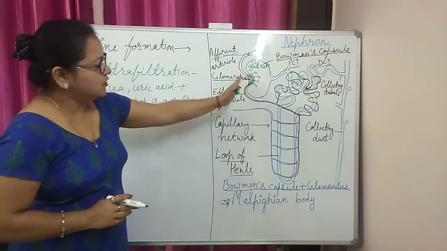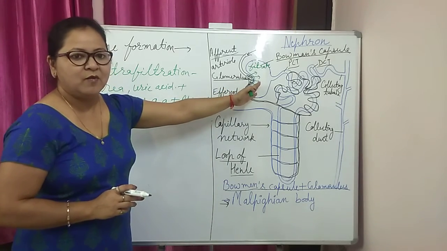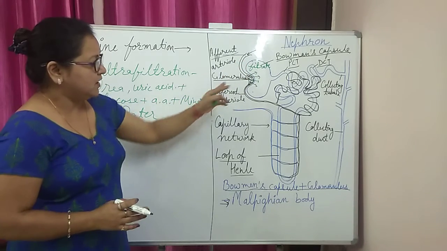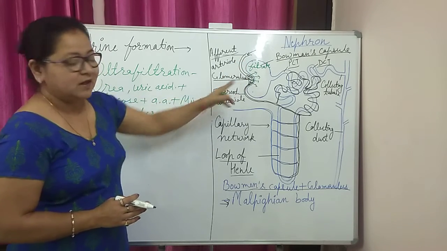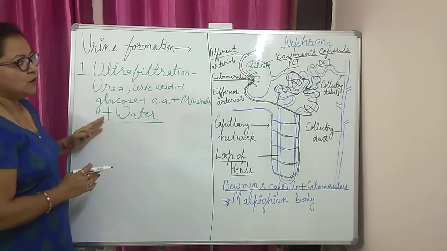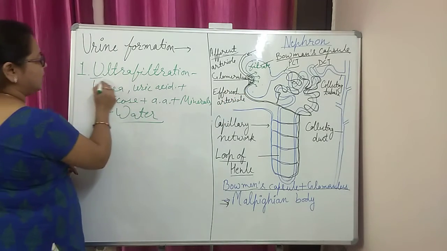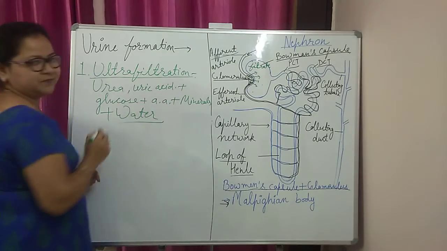In this filtration, our expectation is only removal of nitrogenous waste, but there is such a high pressure that such elements also enter into the Bowman's capsule. That's why it is called ultrafiltration.